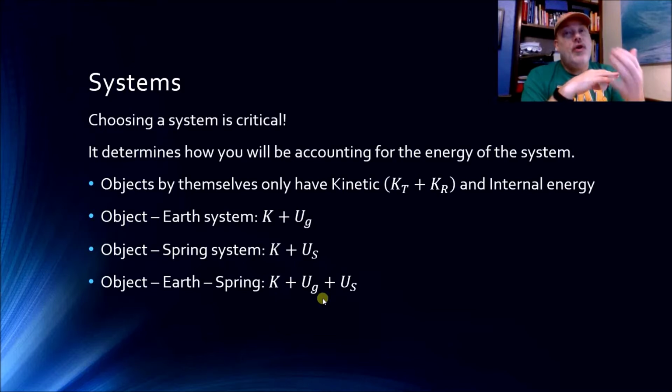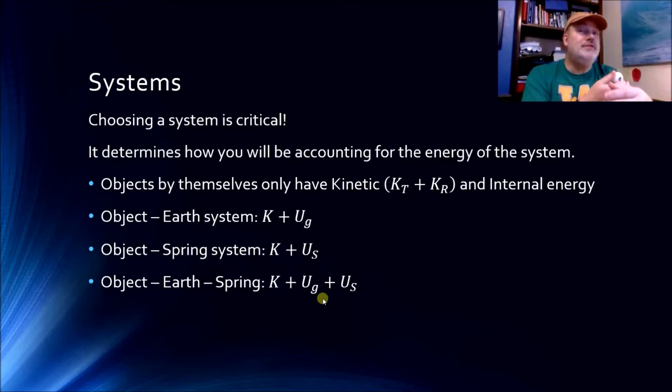For gravitational potential energy, we have to include the object and the Earth. If you want spring potential energy, you have to include the object and the spring. If you want all three, then you've got to include the object, the Earth, and the spring. Otherwise, the forces will be external, and that will make solving the problem different.